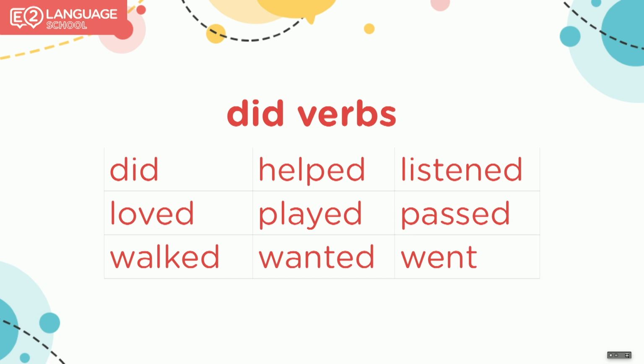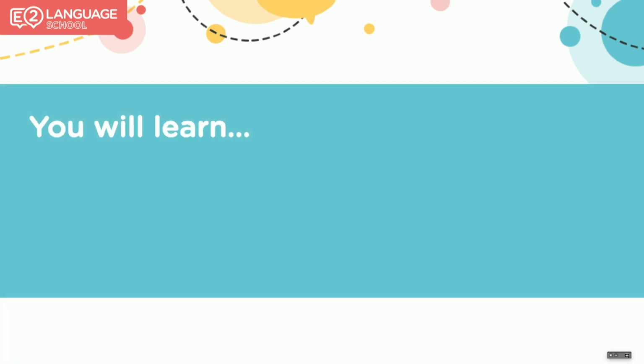So here are some common did verbs. Words like did, helped, listened, loved, played, passed, walked, wanted, and went. So this is what we're going to learn in this lesson.